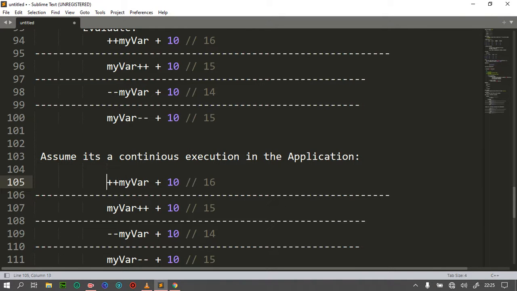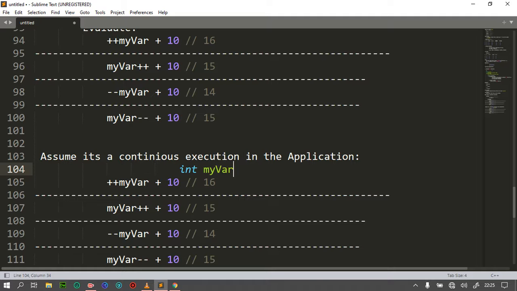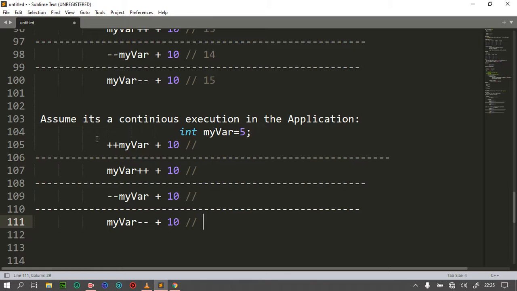Now still using the same concept, it was int myVar and it was initialized to 5. So we are following a continuous execution. I want to show you how all the rules apply. Now definitely if it is a pre-increment of myVar, then this one is going to be 6 plus 10, then it will be 16.